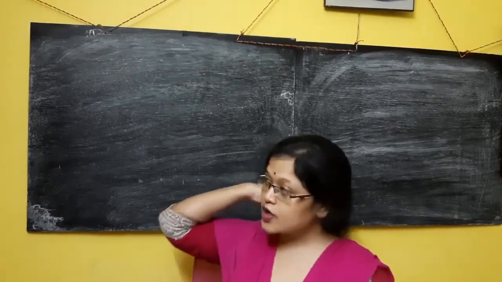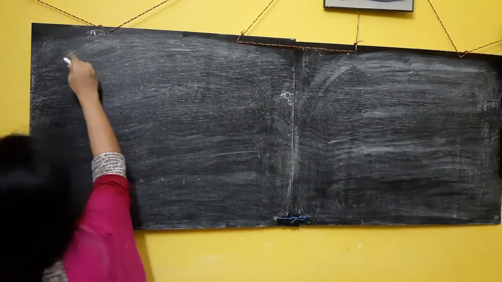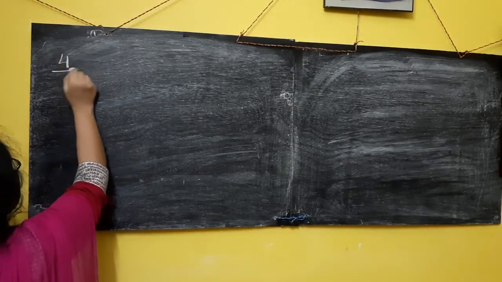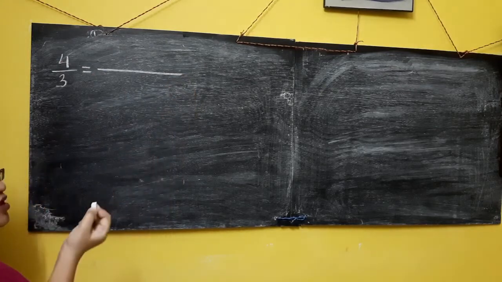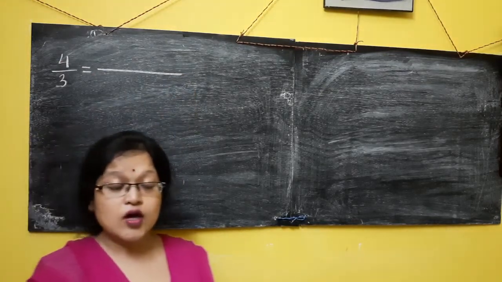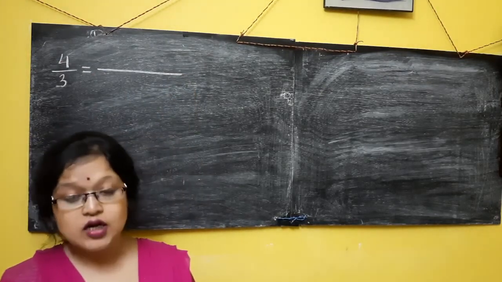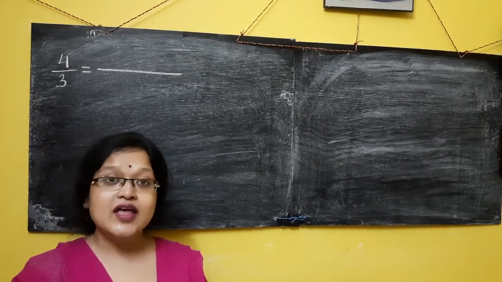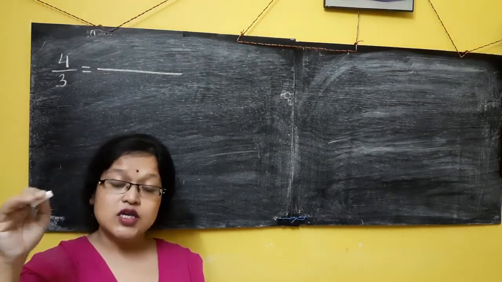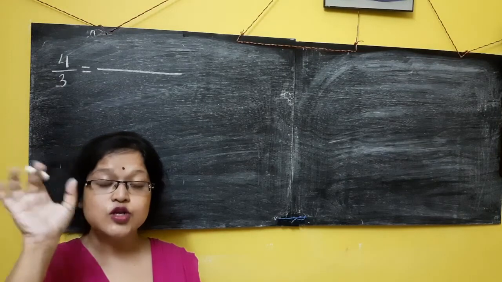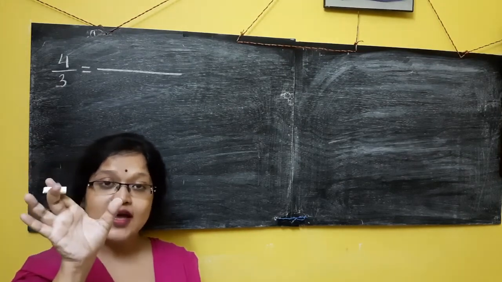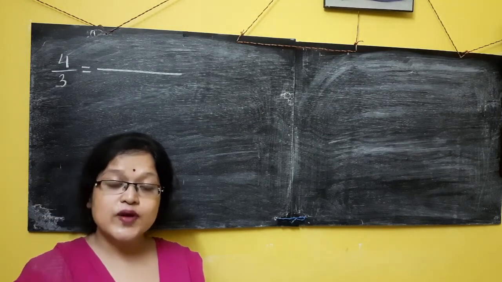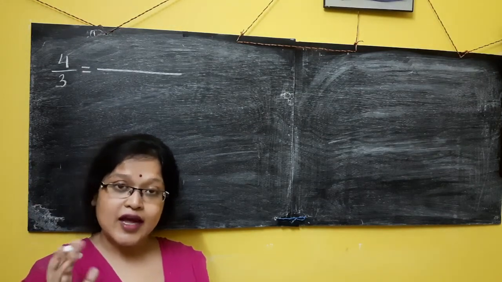Refractive index of water is given as 4/3. Now we know that whenever we calculate the refractive index of a medium, in the numerator we put the speed of light in air with respect to the speed of light in that medium.